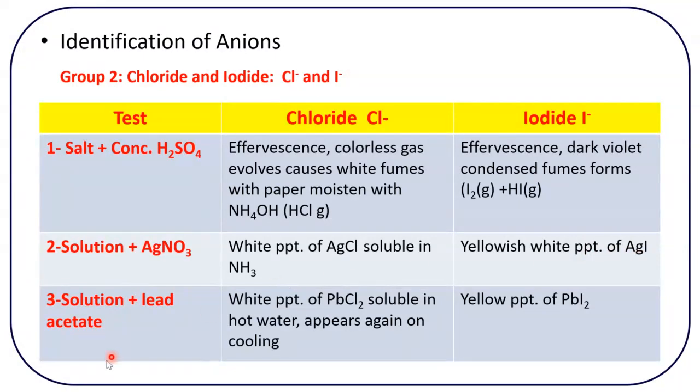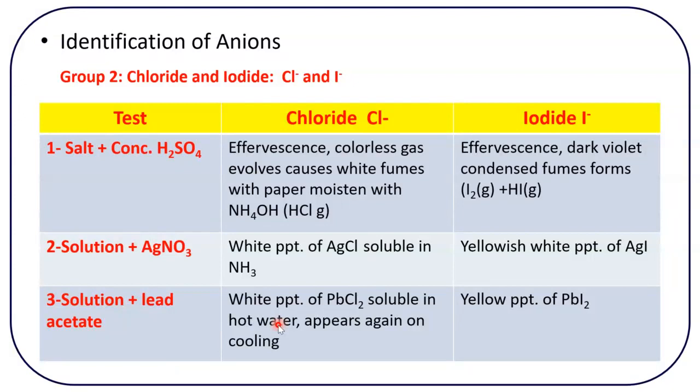The other confirmatory test is solution plus lead acetate. You will see a white precipitate of lead chloride in case of the chloride anion, and this lead chloride precipitate is soluble in hot water.